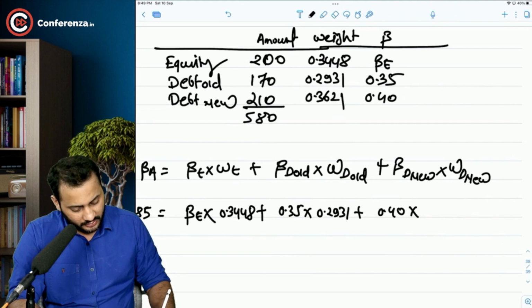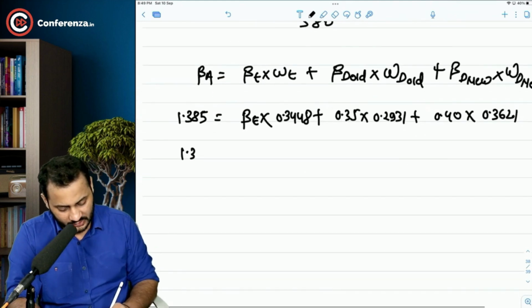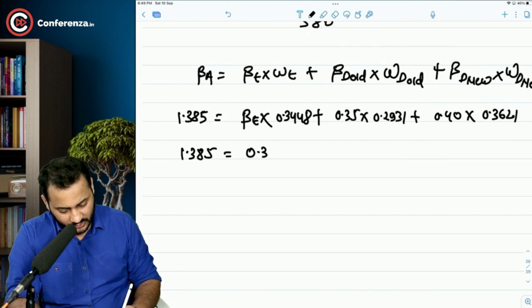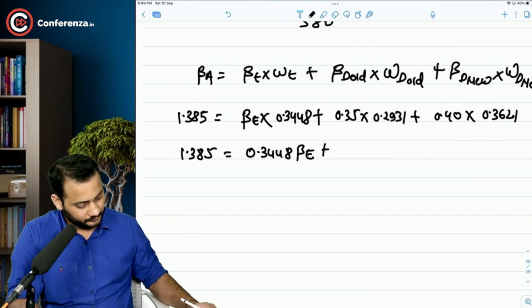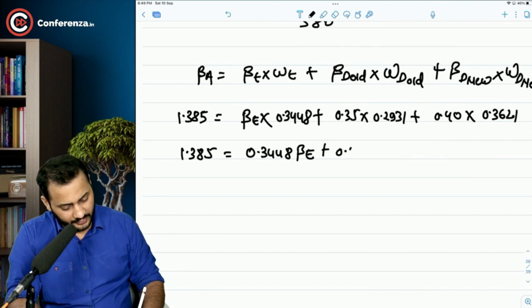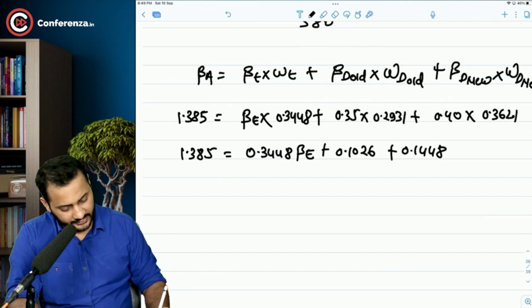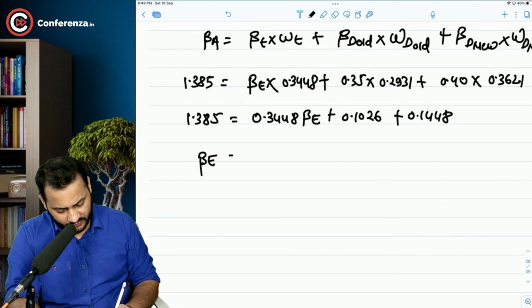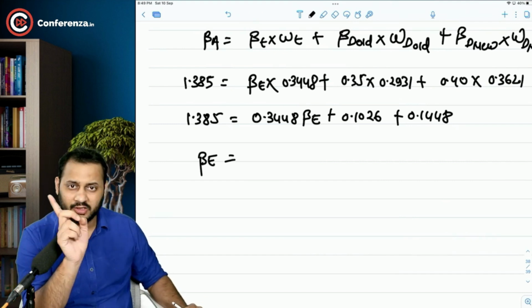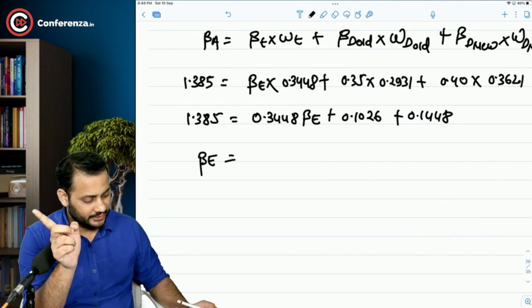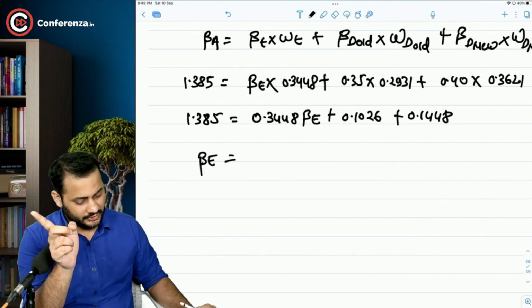New debt weight is 0.3621. Let's find out the answer. 1.385, 0.3448 equity beta plus 0.1026, 0.1448. So equity beta will be, all the two figures will go on the other side and will get deducted from 1.385 minus 0.1026 minus 0.1448 divided by 0.3448.